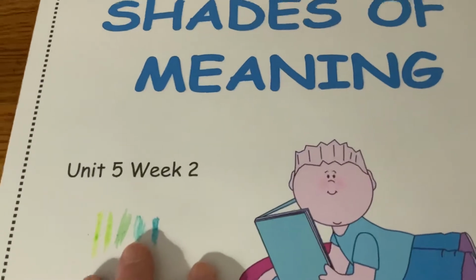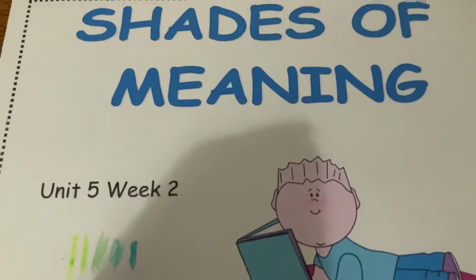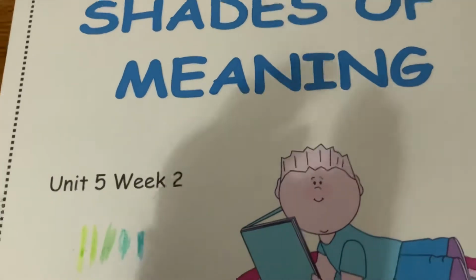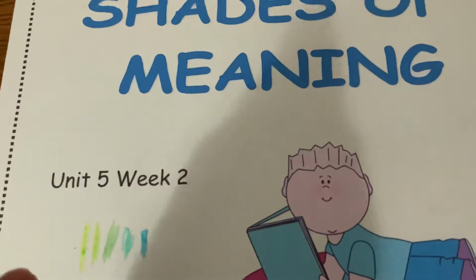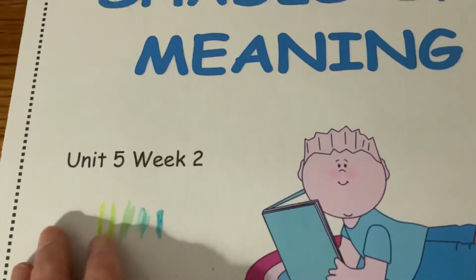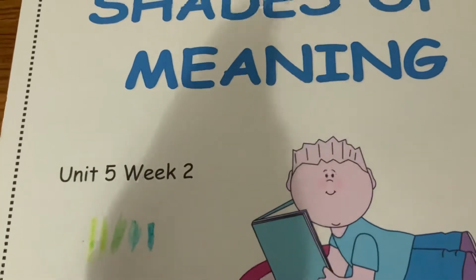So when we're using words, some words can be kind of a light word to mean something, and some words can be darker. Now, we talked about words that mean the same thing, like pretty, beautiful, nice looking. We've talked about words that mean big.